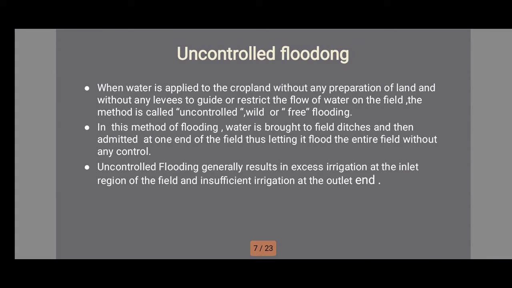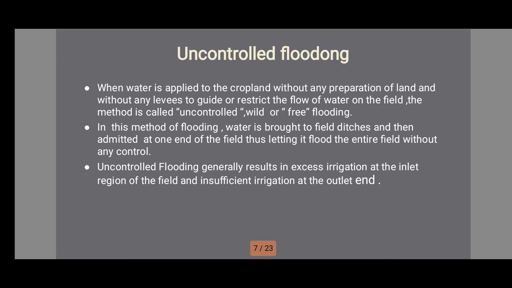Next is uncontrolled flooding. When water is applied to the crop land without any preparation of land and without any levees to guide or restrict the flow of water on the field, the method is called uncontrolled flooding. In this method, water is brought to field ditches and then admitted at one end of the field, letting in flood.